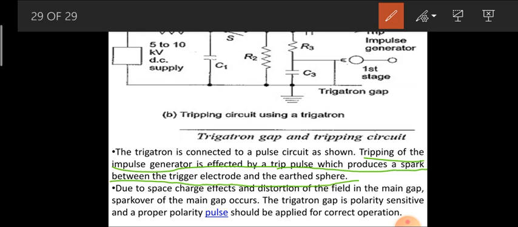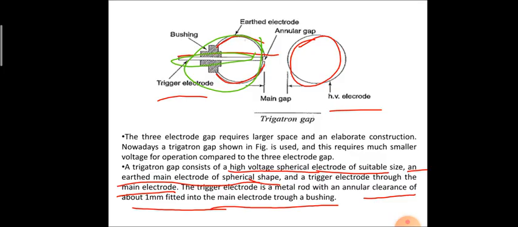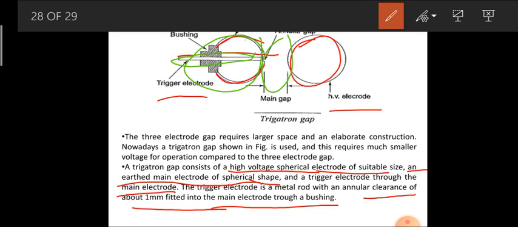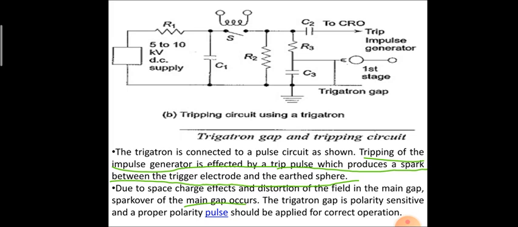Due to the space charge effects, the distortion of the field in the main gap, spark over of the main gap occurs. This is the main gap, between the high voltage electrode and the earthed electrode. The trigatron gap is polarity sensitive and a proper polarity pulse should be applied for correct operation.